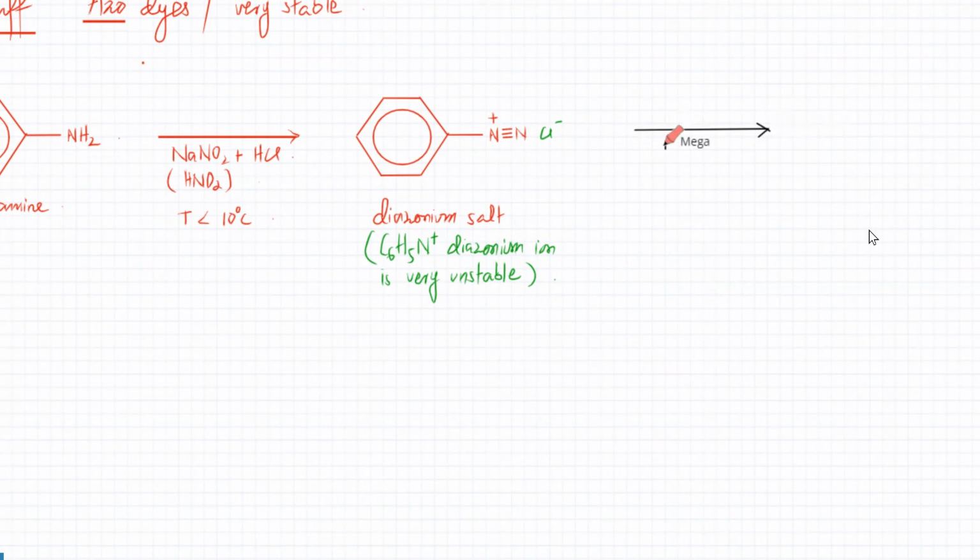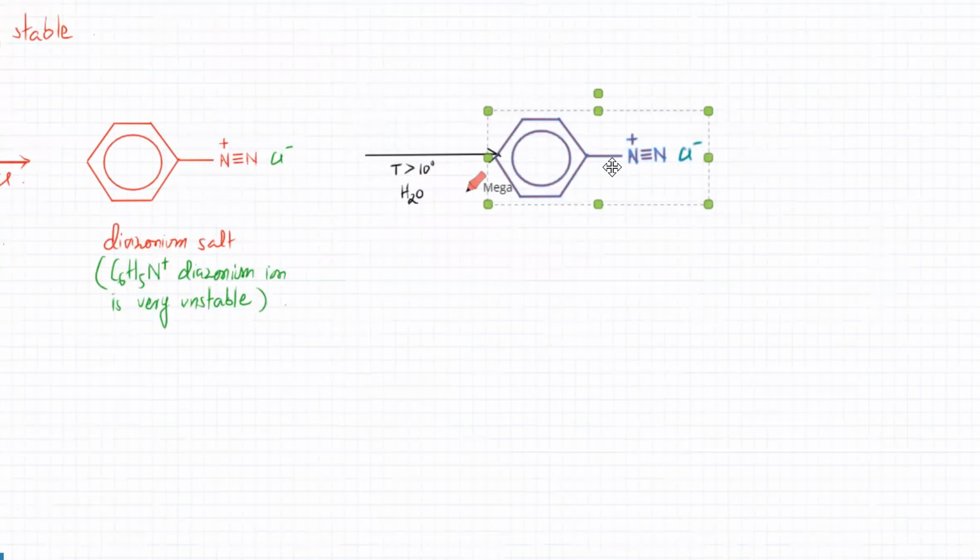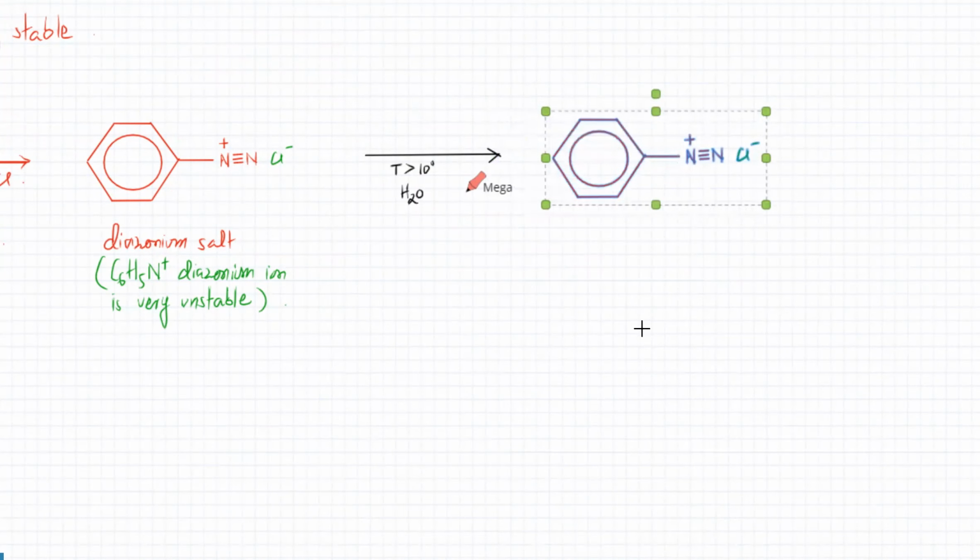And you should know that if the temperature is greater than 10 degrees centigrade and there is water involved, this diazonium ion will decompose into a phenol. It will react with water. You need water for the decomposition as well. The N triple bond N will break down, and NH4+ ions would also be produced.